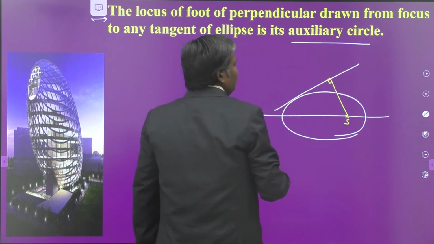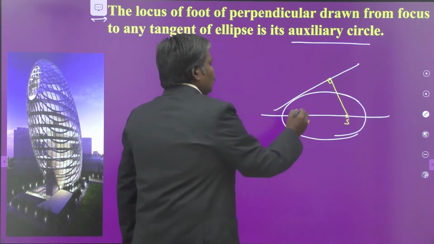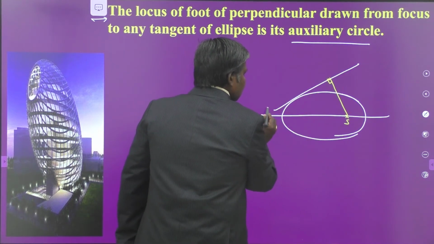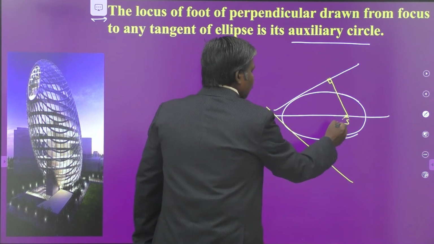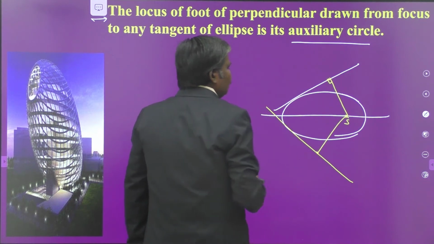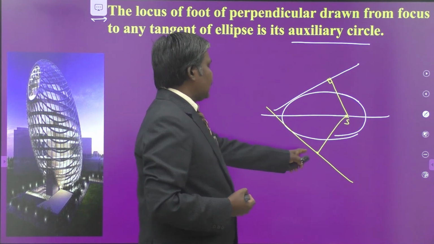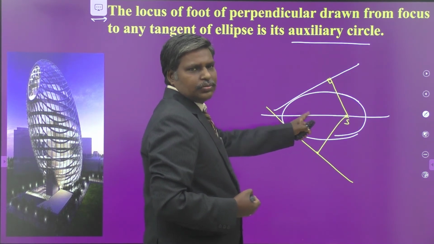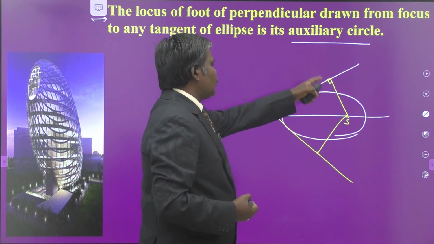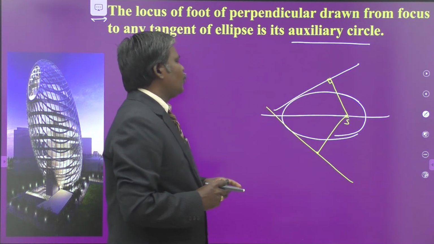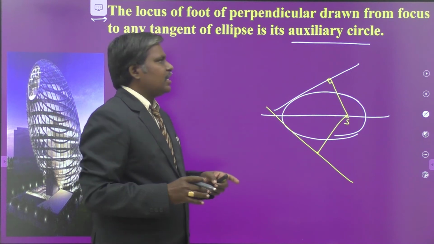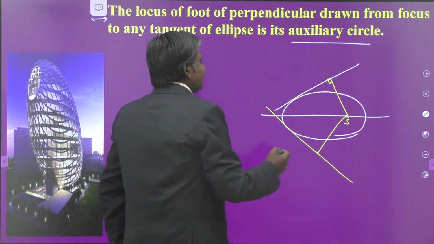This is a point on the locus. If you draw another tangent here, draw the foot of perpendicular from the focus to that tangent. You may take that point also, and another focus also. You collect all such feet, we get some locus. That is what you have to show: the auxiliary circle.